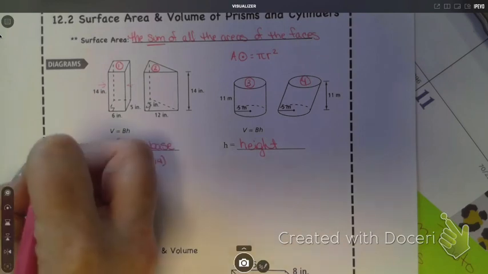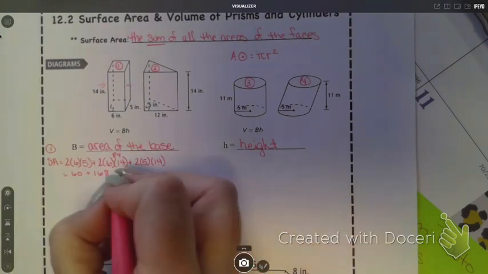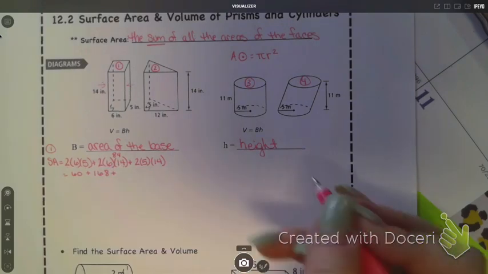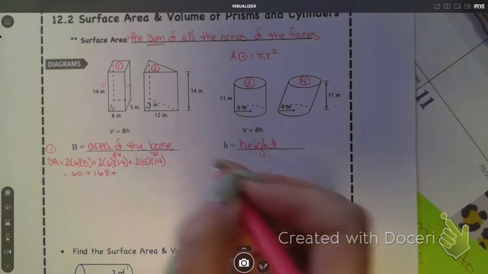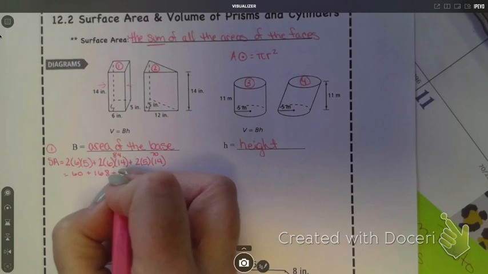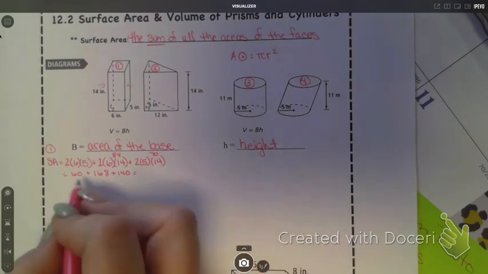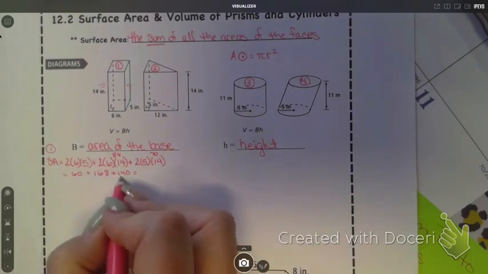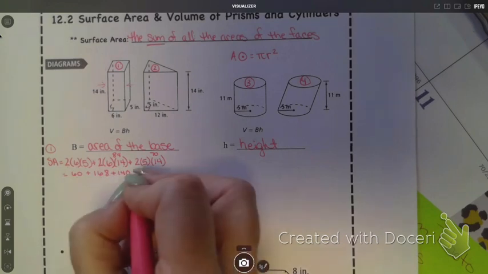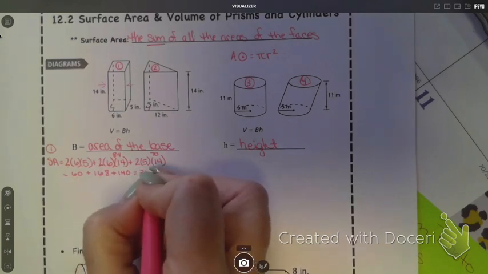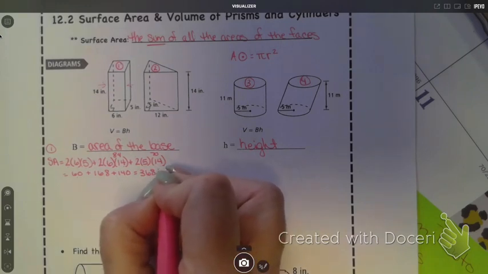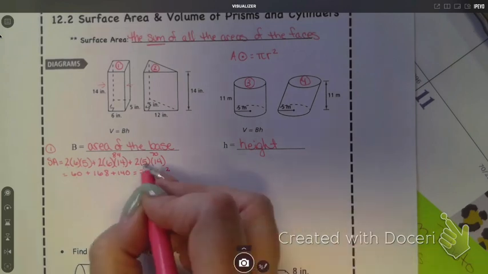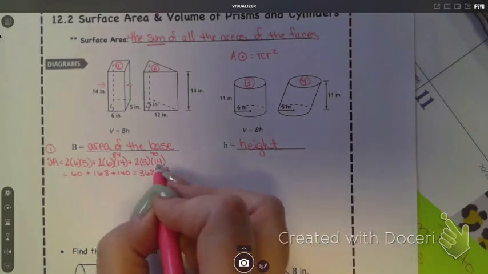Oh, I forgot to put this as shape 1. Plus, I want to take 5 times 14 again, so that's 70. Times 2 would be 140. So 60, 168 and 140 is 368 inches squared, because all of these measurements are inches times inches, right?